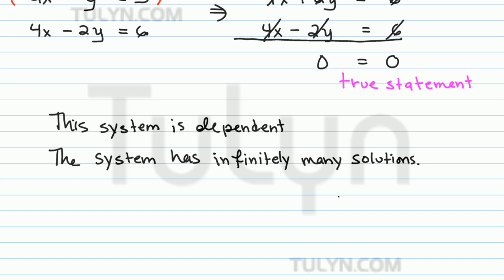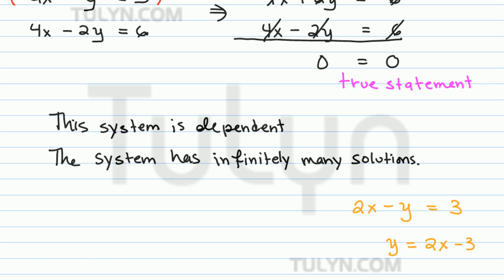So let's do some scrap work here. If 2x minus y is equal to 3, well, we know, in other words, that y is equal to 2x minus 3, right?